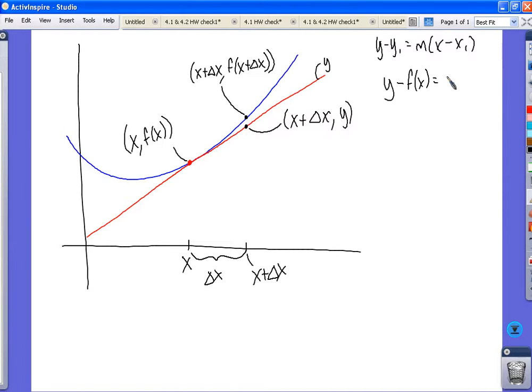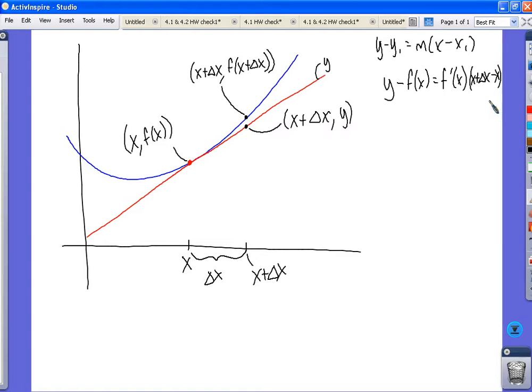It's all the same. So the slope of that line right there times this x, which we'll call x plus delta x, minus x, this original x here.